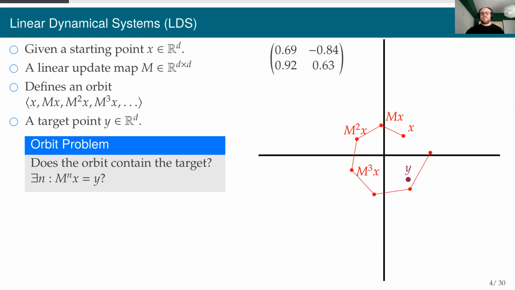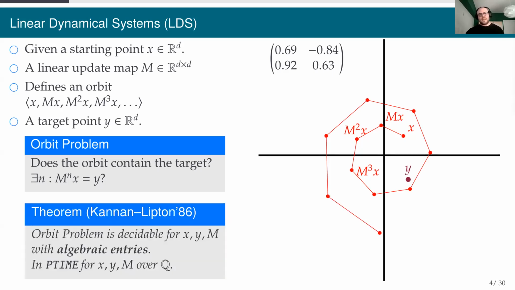If you just look at this example, it's pretty easy to see that you won't hit this point. In general, this is a decidable problem when everything is over the rationals, or even more generally, if your matrices have algebraic entries.